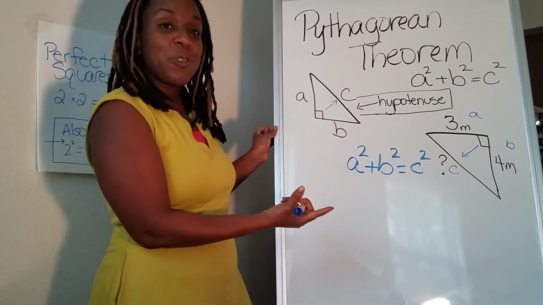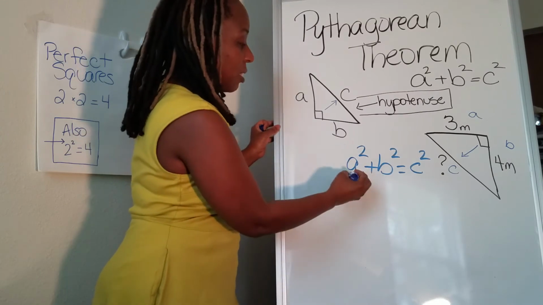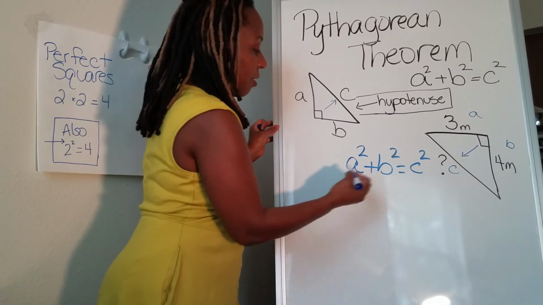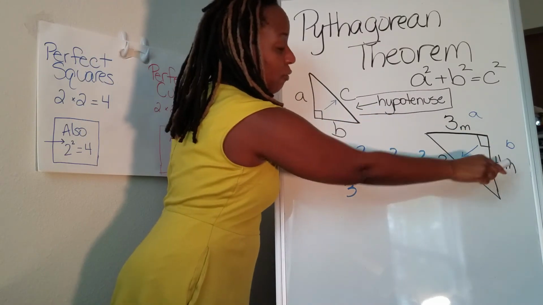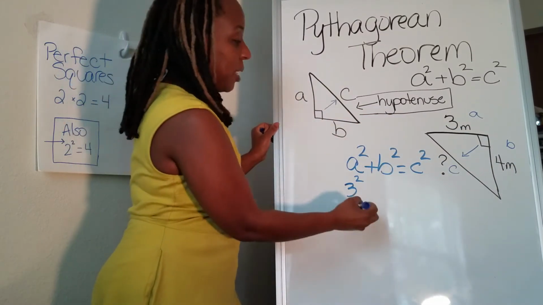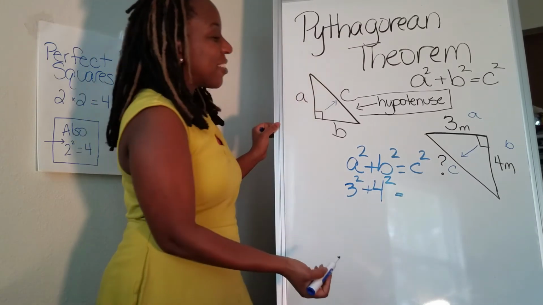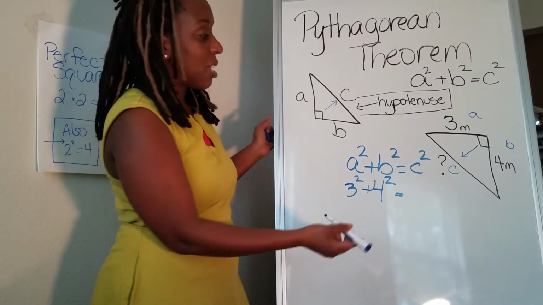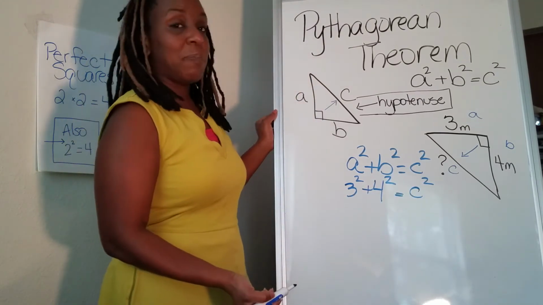Now what we're going to do is substitute. I said that A is 3 meters, so instead of A, I'm going to write 3. So it's 3 to the 2nd power. I said that B is 4 meters, so instead of B, I'm going to write 4 to the 2nd power. And then for C, we don't know what that is, but whatever C is going to be in my formula, it's going to be to the 2nd power.